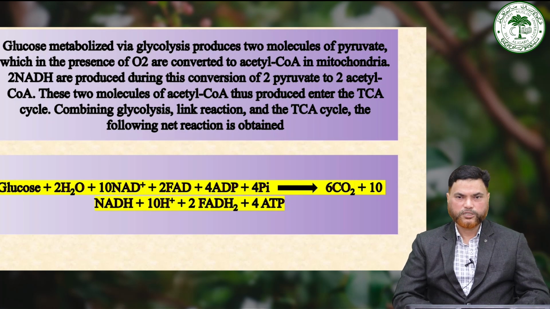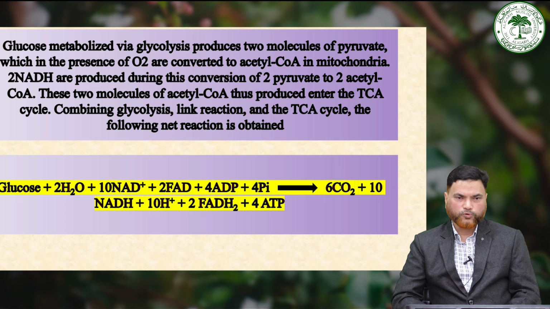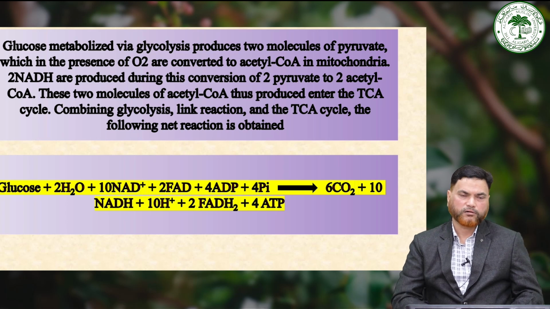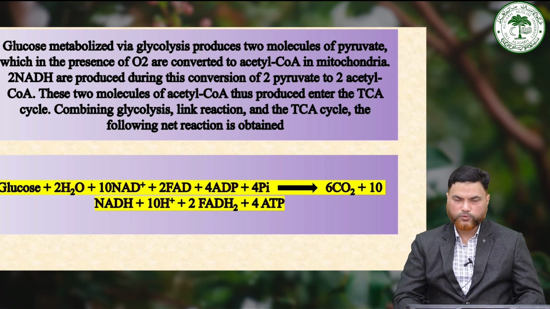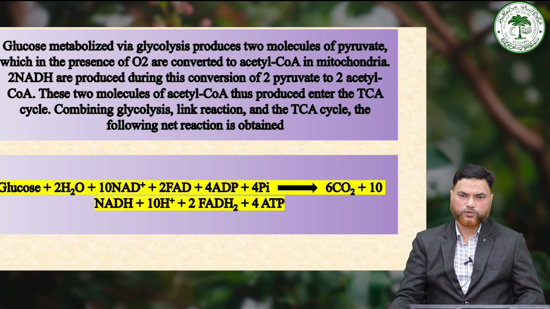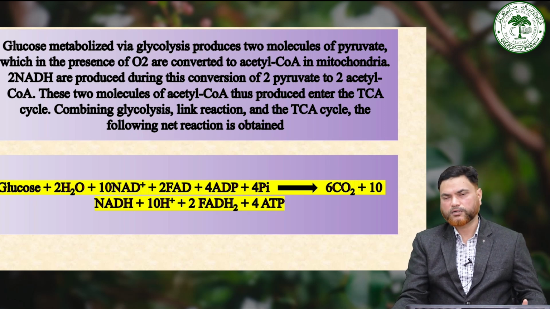Generally, in the process of glucose oxidation, all 6 carbons are released as carbon dioxide, and substrate level phosphorylation contributes to the production of 4 molecules of ATP, with 2 ATP generated during glycolysis and an additional 2 ATP during the tricarboxylic acid cycle for 2 acetyl coenzyme A molecules.